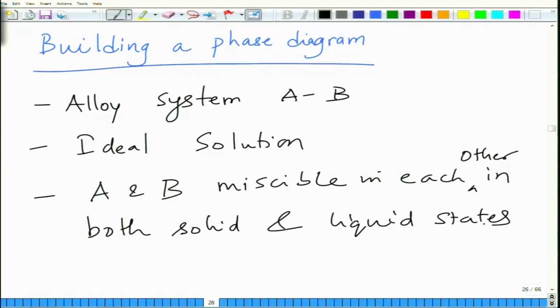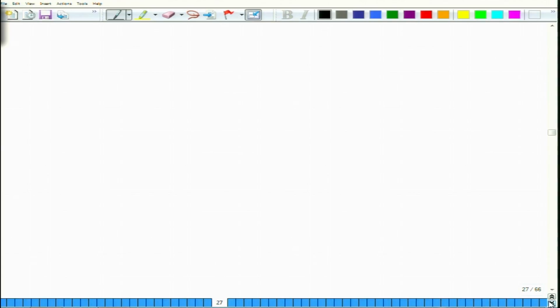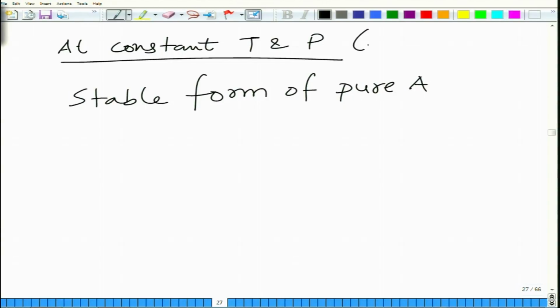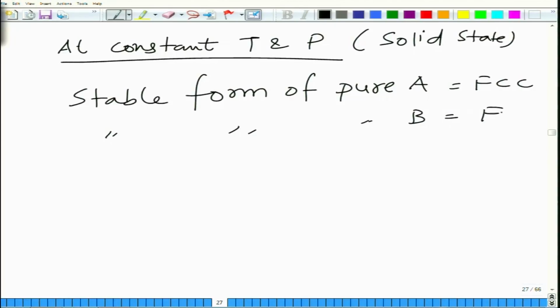First, let us say at constant temperature and pressure, in the solid state, the stable form of pure A is, let us say, FCC, and the stable form of pure B is also FCC.